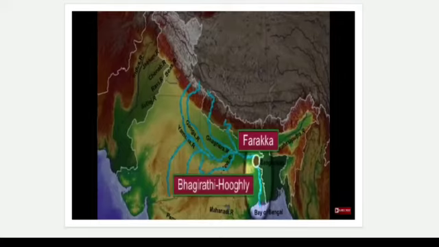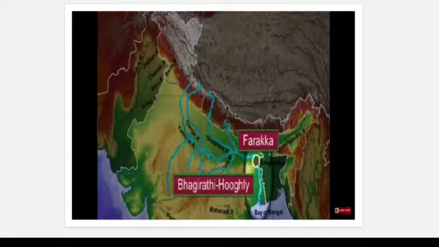Enlarged with the water quantity by the right and the left bank tributaries, the Ganga river moves towards east till Farakka in West Bengal. Farakka is the northernmost point of the Ganga delta. Here the river bifurcates. The Bhagirathi Hooghly river runs southwards and finally merges with the Bay of Bengal.